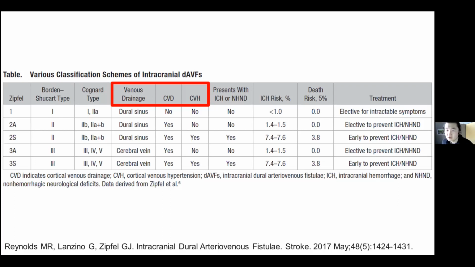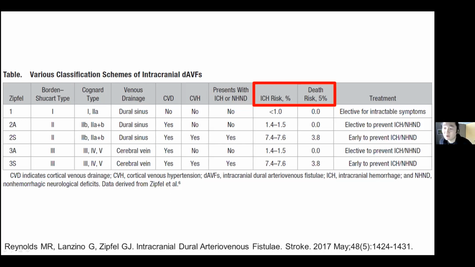And then you can look for the presence of associated intracranial hemorrhage or non-hemorrhagic neurologic deficits. And then you can correspond that to the associated ICH risk and risk of death based on the observational studies that we have in the literature. And this can actually help make a treatment recommendation, at least depending on the guideline that you're looking at.